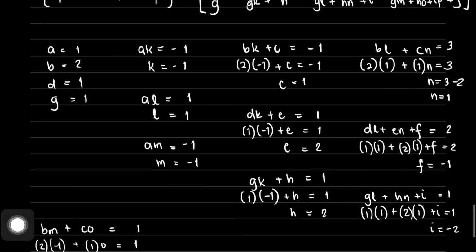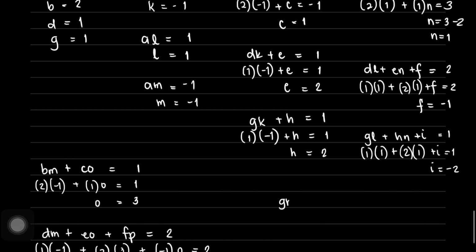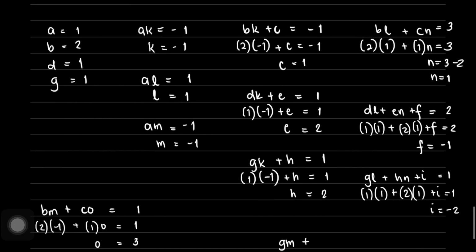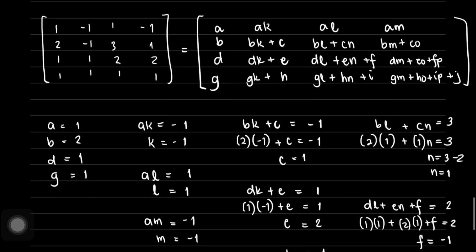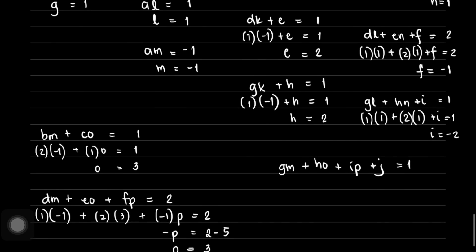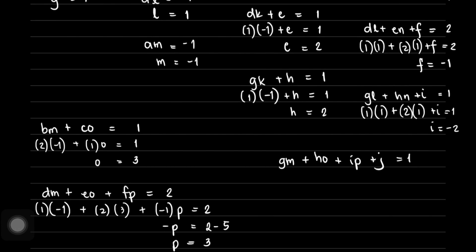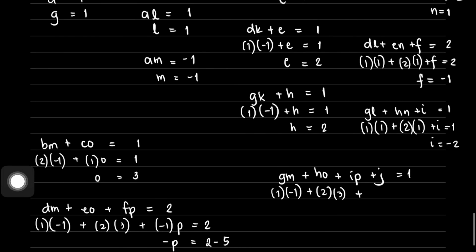And lastly, solving for J, we have G times M plus H times O plus I times P plus J. That's equal to positive 1. So our G is 1, M is negative 1, plus H is 2, O is 3, plus I, our I here is equal to negative 2, times P, that's 3, plus J, that's equal to 1.